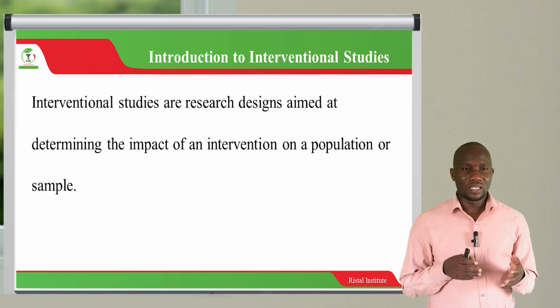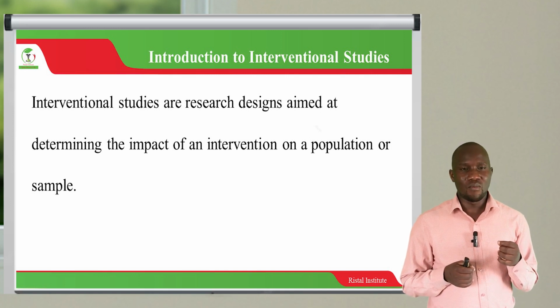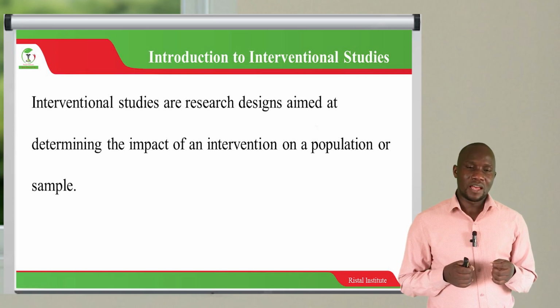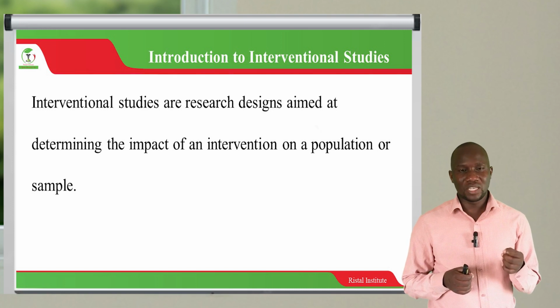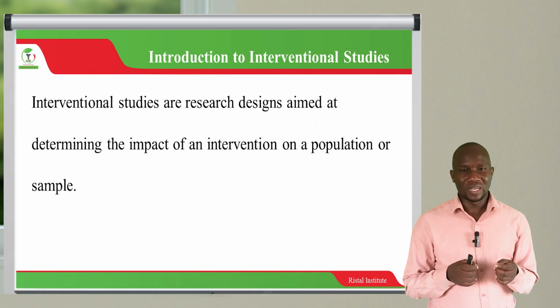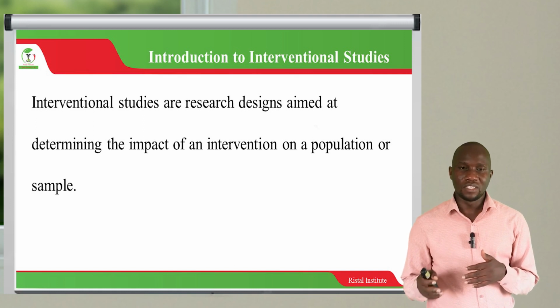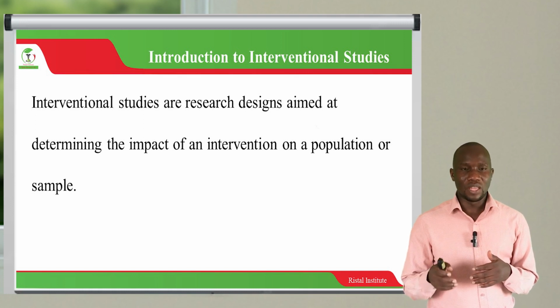When we talk about interventional studies, we mean that we are having a study in which the researcher is going to manipulate a group of research participants. So he's going to give a particular treatment to a particular group of participants and then compare that group with a group which has not received the treatment or the intervention.